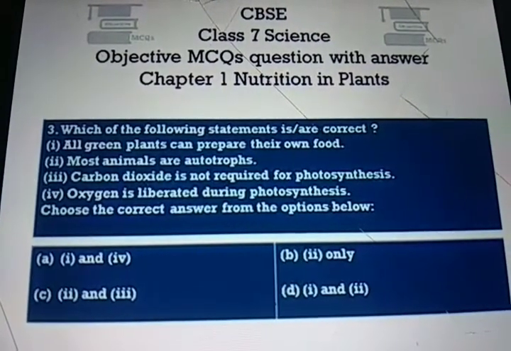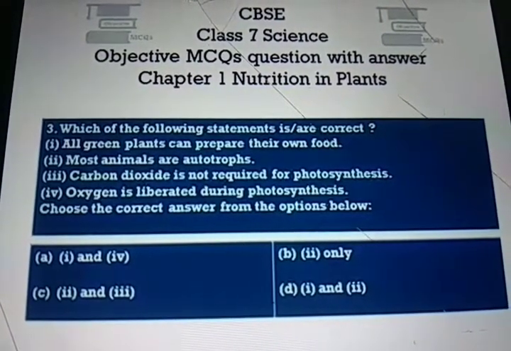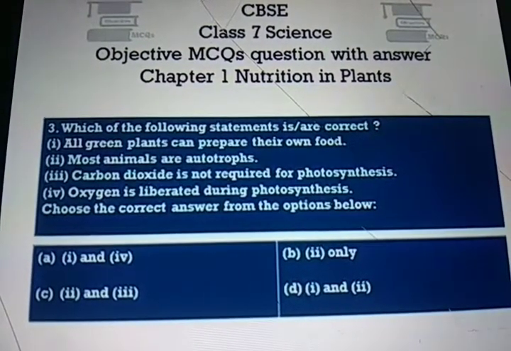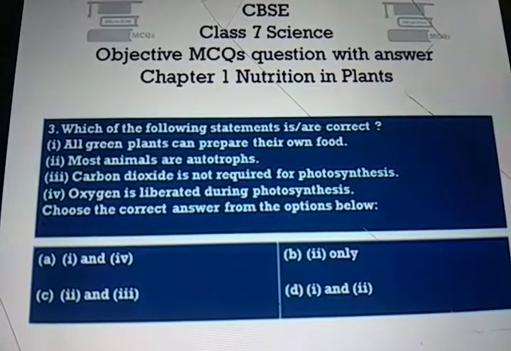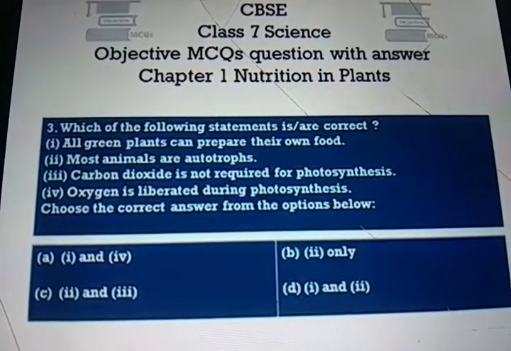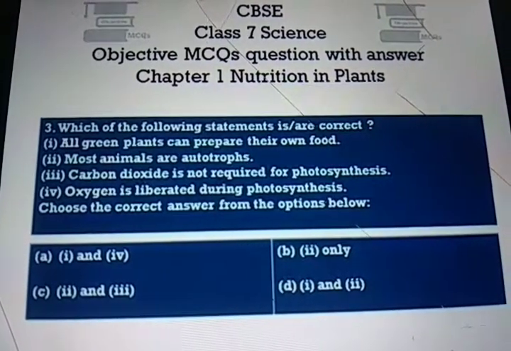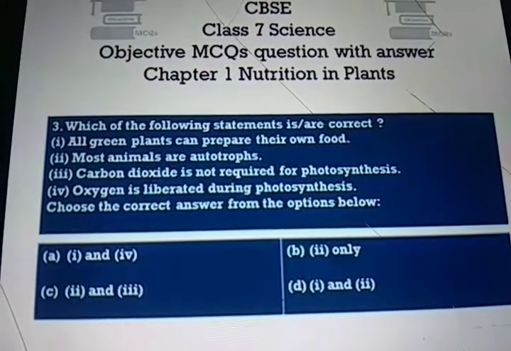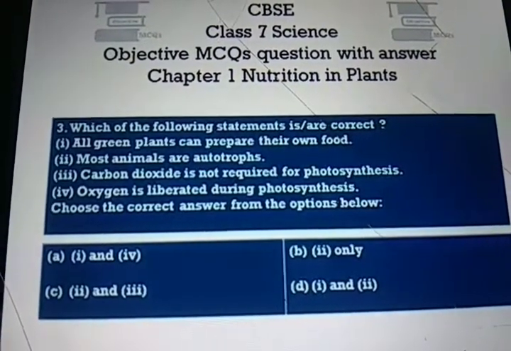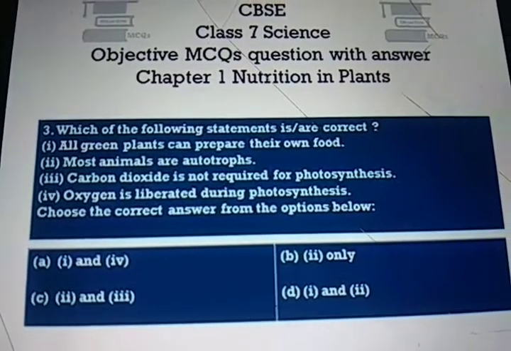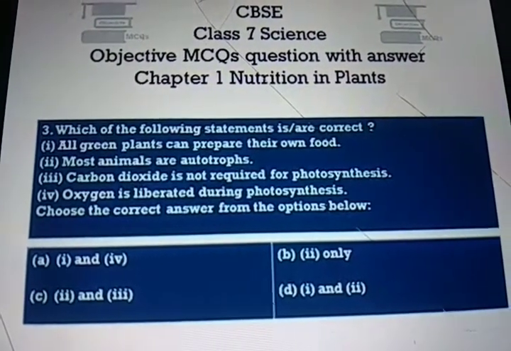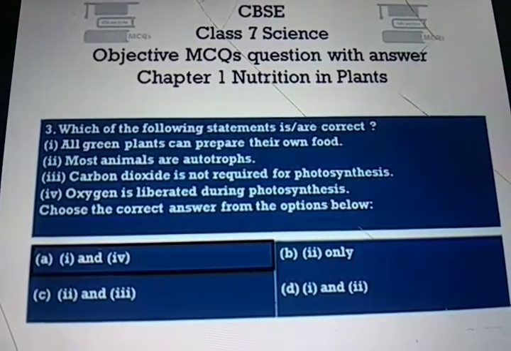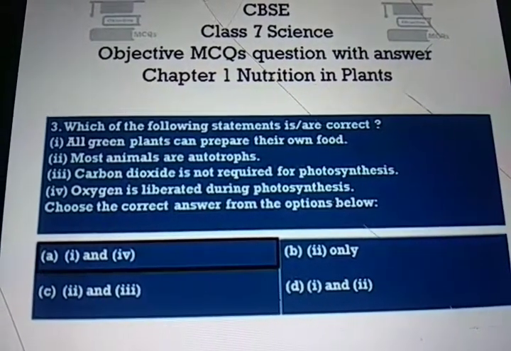Choose the correct answer from the options below. Option A is 1 and 4, option B is 2 only, option C is 2 and 3, and option D is 1 and 2. So according to you, which one is the right answer? And the right answer is option number A, 1 and 4.